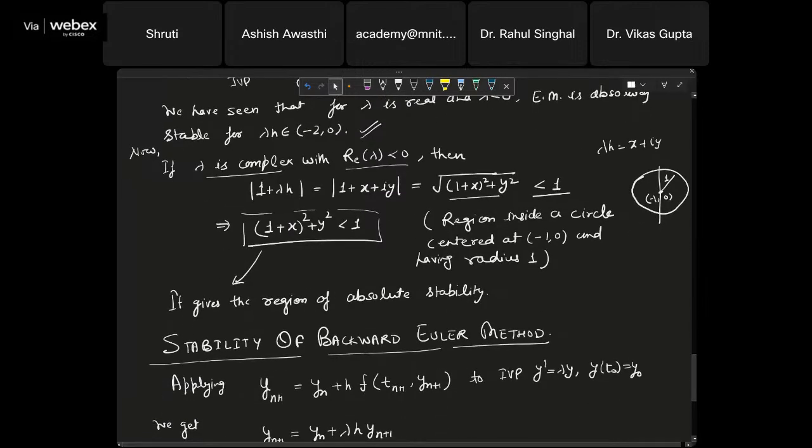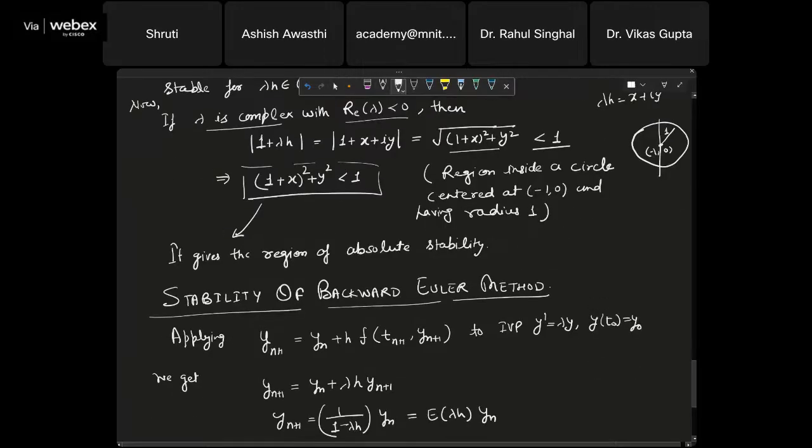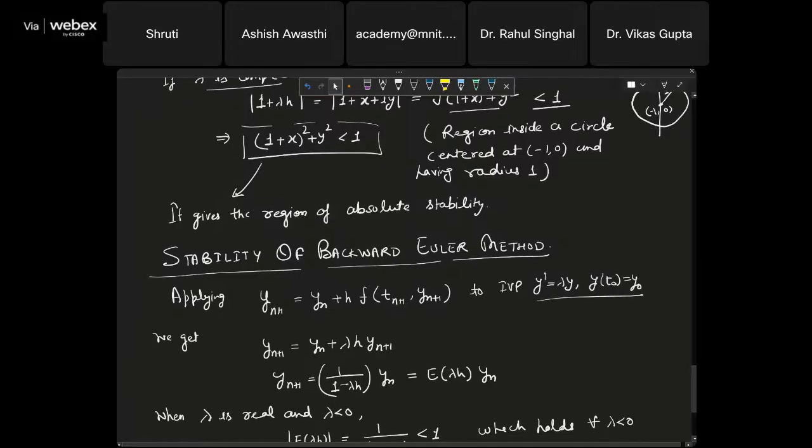Similarly, if you discuss the stability of the backward Euler method, which is given as yn plus 1 equal to yn plus h f at tn plus 1, yn plus 1, for this test problem yn plus 1 comes out as 1 over 1 minus lambda h times yn.